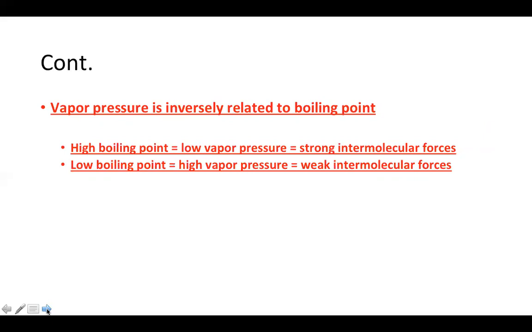So a high boiling point corresponds to low vapor pressure, which means strong intermolecular forces. Whereas a low boiling point corresponds with high vapor pressure, which indicates weak intermolecular forces. So for vapor pressure, the lower the vapor pressure, the stronger the intermolecular forces.